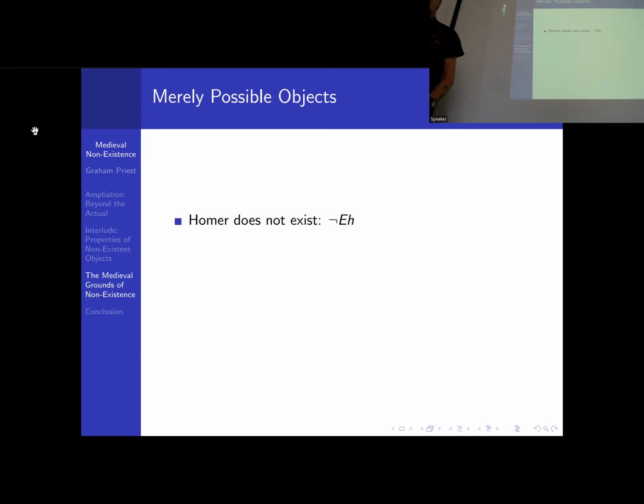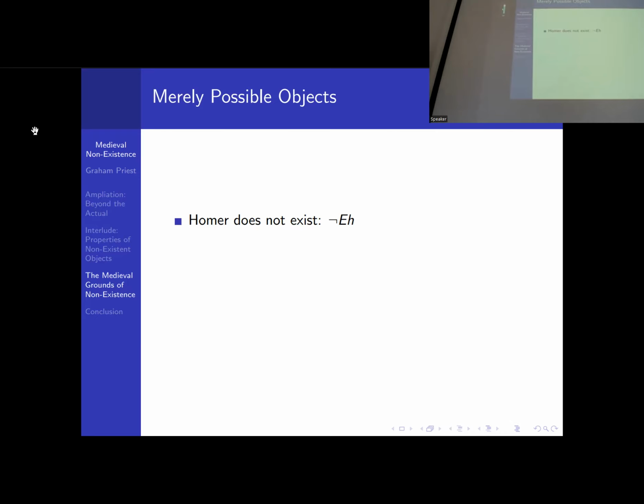So "Father Christmas wears a red suit" is false. But because they're false, their negations are going to be true. So if H, Homer, is a name that doesn't refer to anything, then "Homer exists" is going to be false, and so its negation is going to be true.